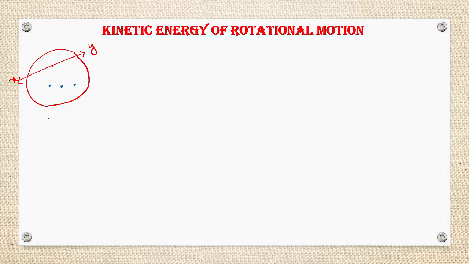When we apply force or torque on this rigid body, it starts to rotate, right? So these particles have linear velocities. The first particle is moving with velocity v1, the second particle is moving with velocity v2, and the third particle is moving with velocity v3.